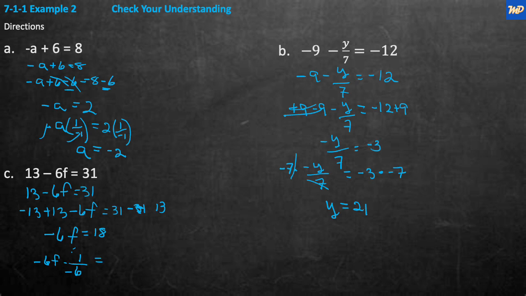So that equals 18 times 1 over negative 6. And what does that equal? That equals f equals 18 divided by negative 6, which will give you minus 3.